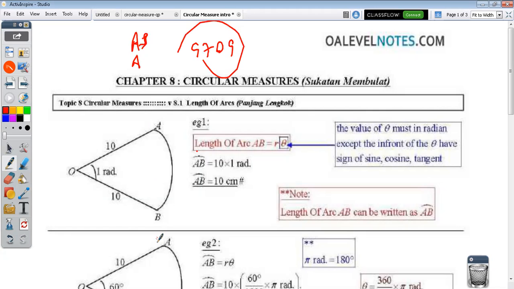But today we just want to concentrate on the AS, and we're going to look at the topic circular measure.